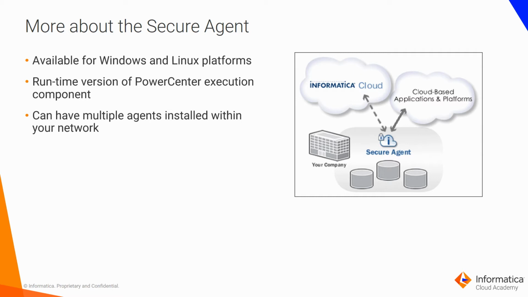However, one thing to keep in mind is that you are limited by license agreement to the number of agents that you can install. You're also limited to one agent per machine. So you can only have an agent on your machine talking to a single Informatica Cloud org. Another thing to consider is that when you install an agent in a production environment, you should make sure it is on a machine that is always up and running and available to run the tasks.